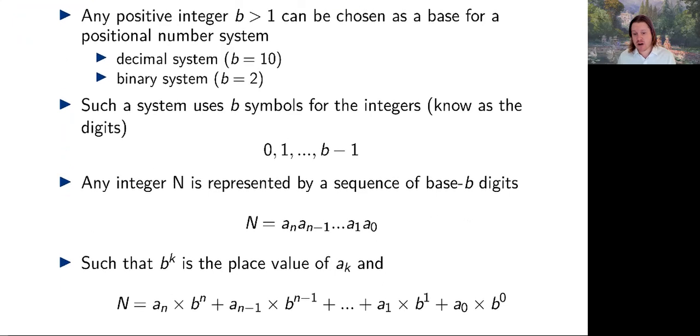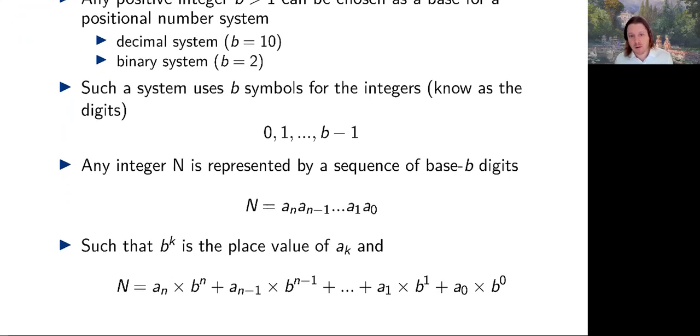Now, any integer n can be represented by a sequence of those base B digits. For instance, in base 10, we might have seen something like 1012. This is simply a sequence of those base 10 digits, 0 through 9.